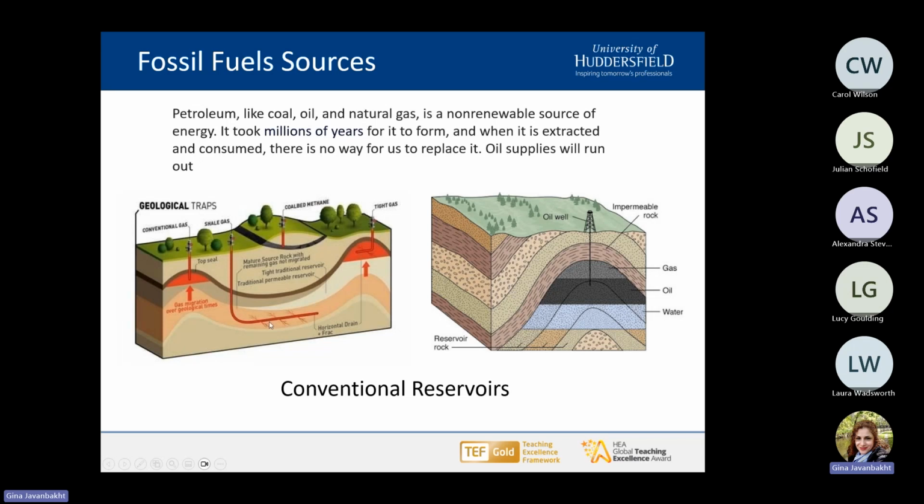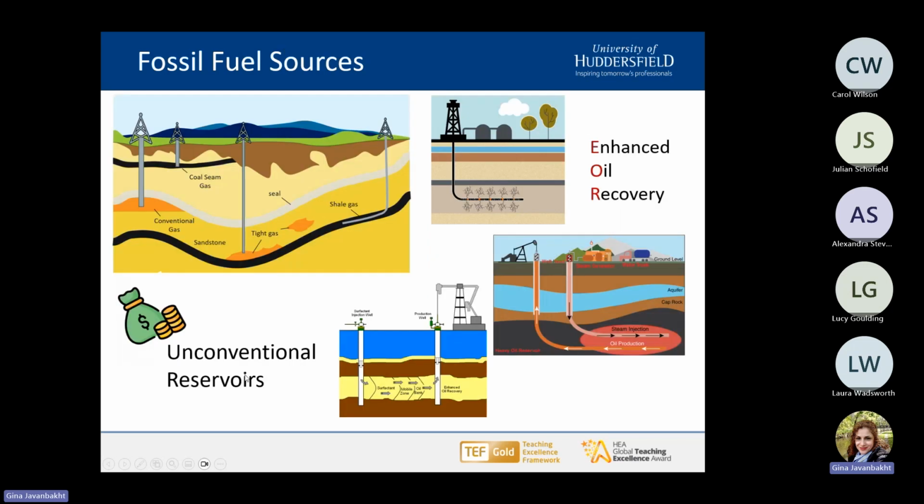Not all these reservoirs have this really nice pool shape. Sometimes gas and oil can be trapped in between these rock grains in little teeny tiny pores. Those we call unconventional reservoirs because it's not that easy, as with the pressure difference, to just drill a hole and push the oil out.